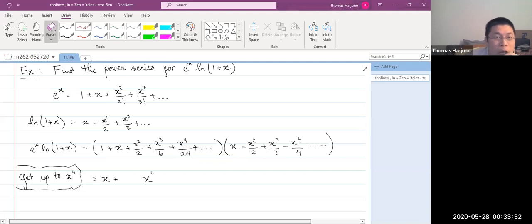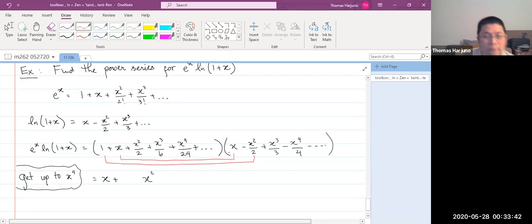To get x squared, I need to multiply this one with this, but also this guy with this. The first one gives me negative 1/2 x squared. The second pair gives me x squared. The sum is 1/2 x squared.